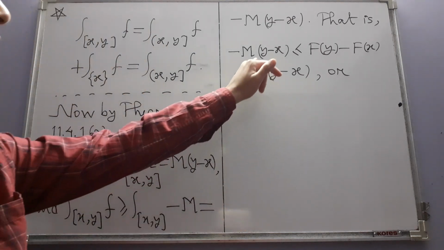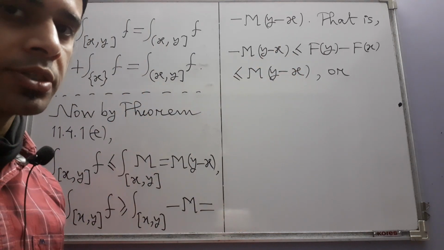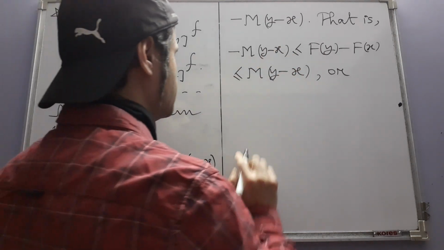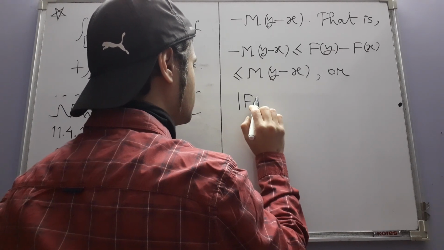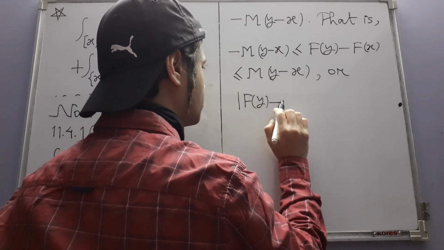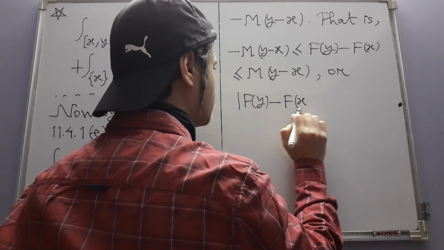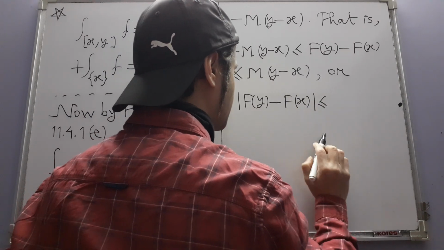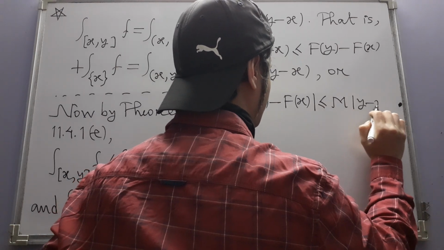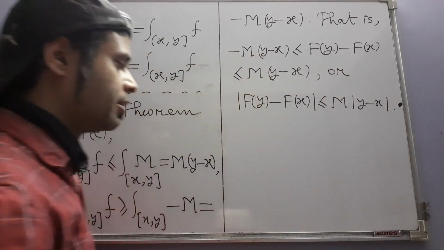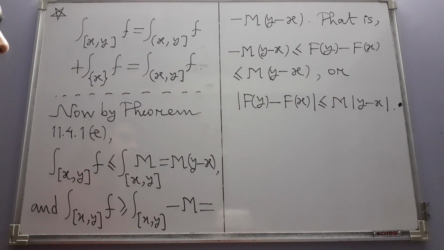Keeping in mind that y minus x is positive, we get this: less than or equal to m times the absolute value of y minus x. Okay.